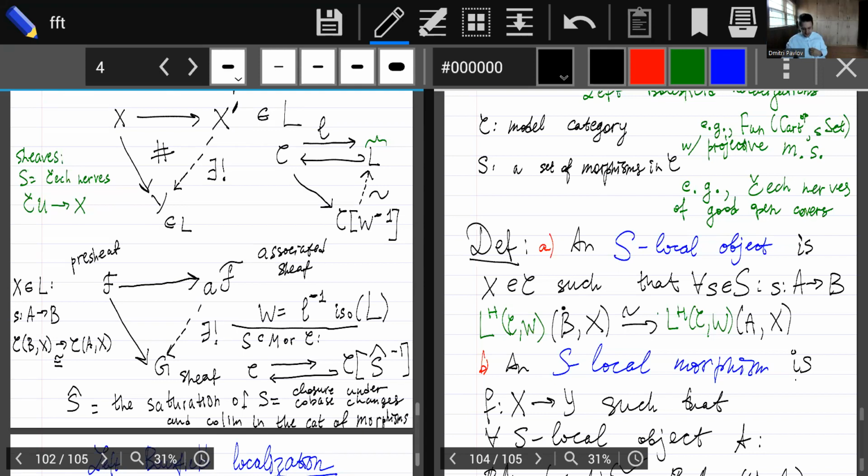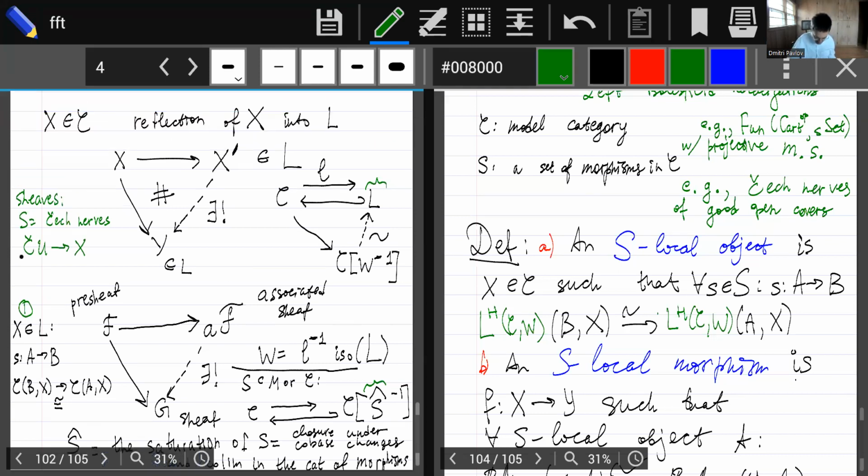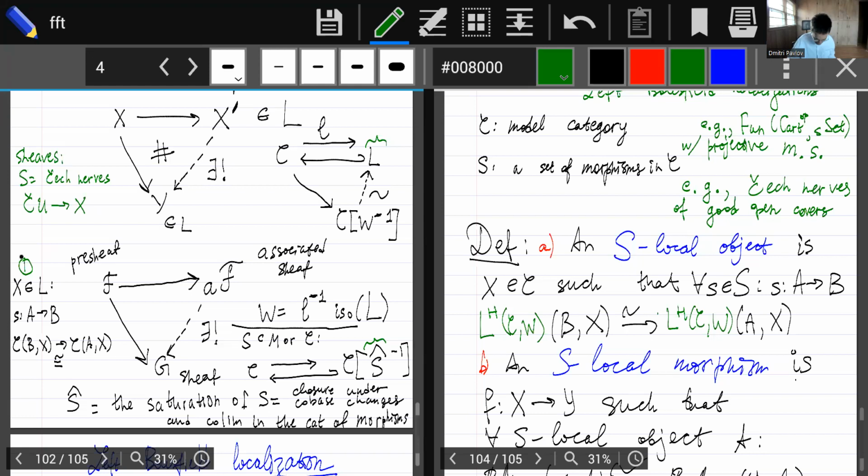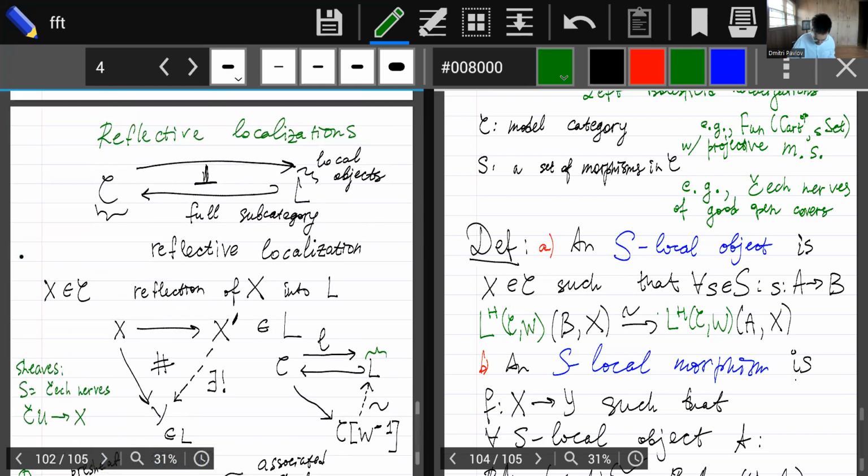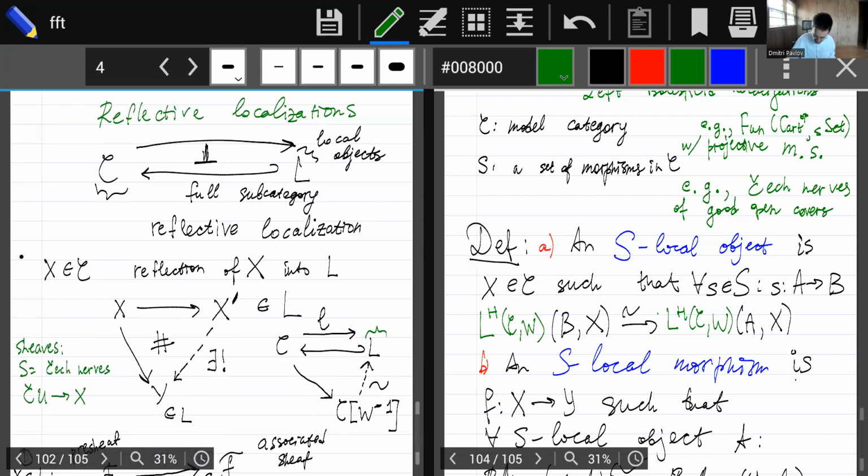Okay, and then in the next step, we define S-local morphisms. And S-local morphisms will be a precise analog of this S hat. And this is the second property we use. I ran out of space here. Let me insert a page.